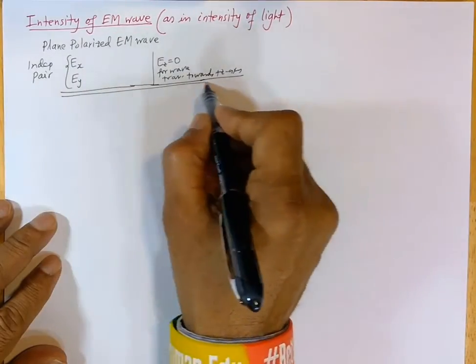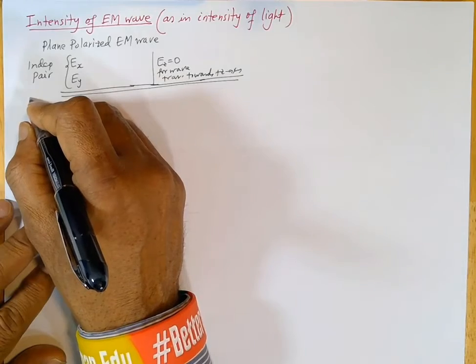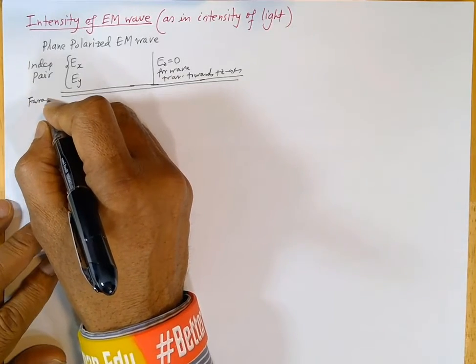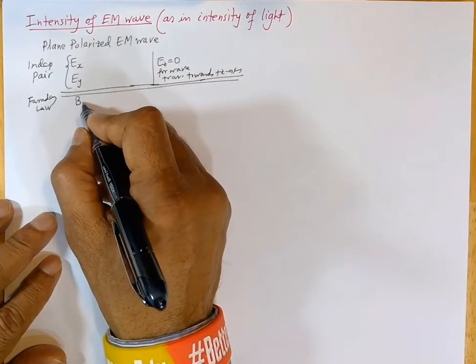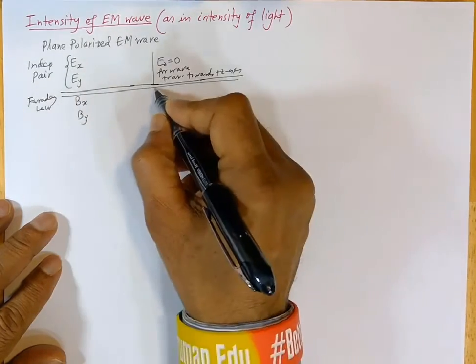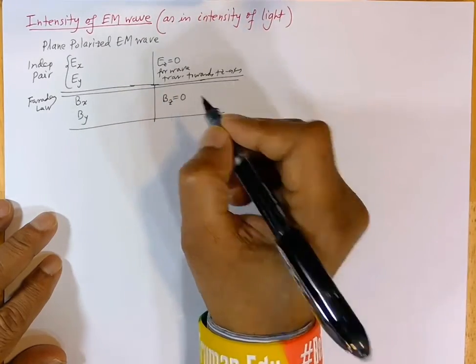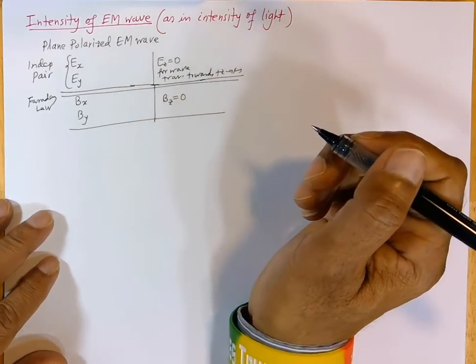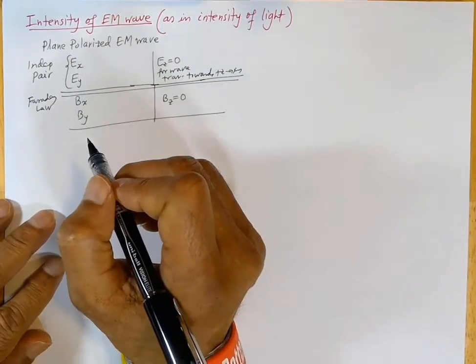From these we were able to get Faraday's law, and when we use Faraday's law, we got Bx and By, and Bz turned out to be 0.